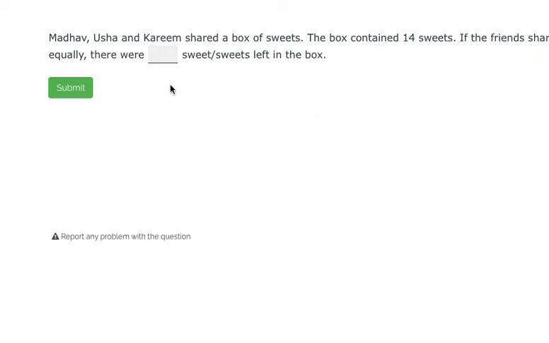So 14 divided by 3. First, let's find out what 3 can reach to that is closest to 14 and smaller than 14. 3, 6, 12.